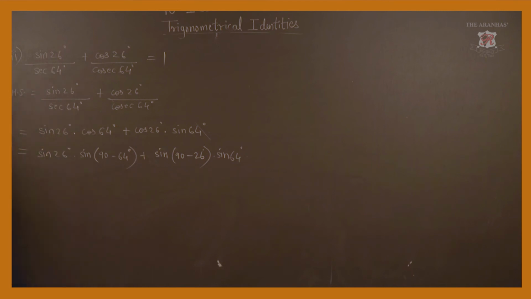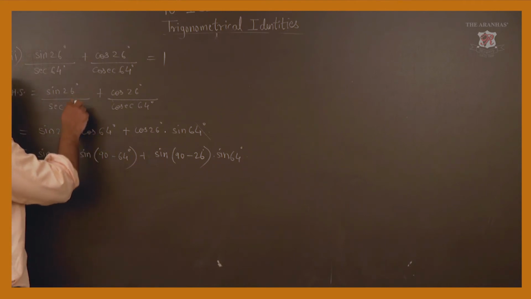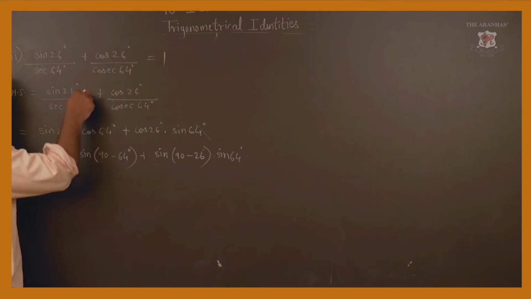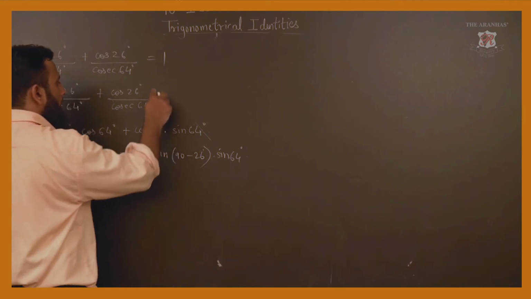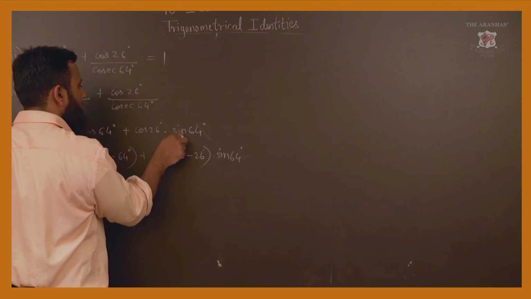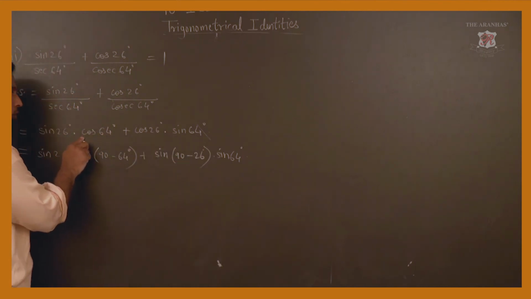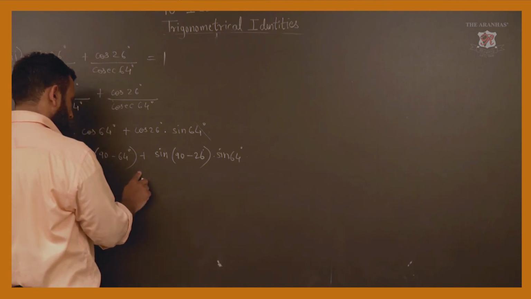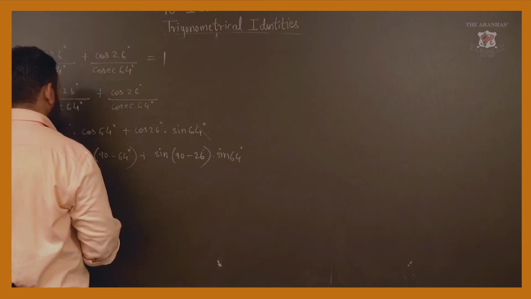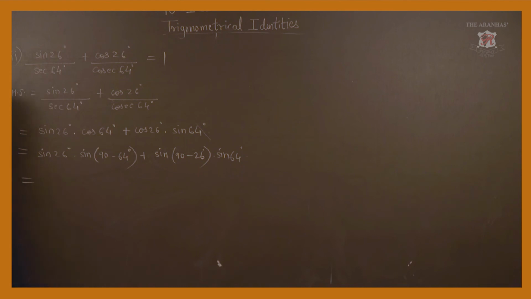Now it is very simple in this case. I have taken 1 by sec is cos, 1 by cosec is sin. I converted this cosine term into sin form. Now how to proceed further?